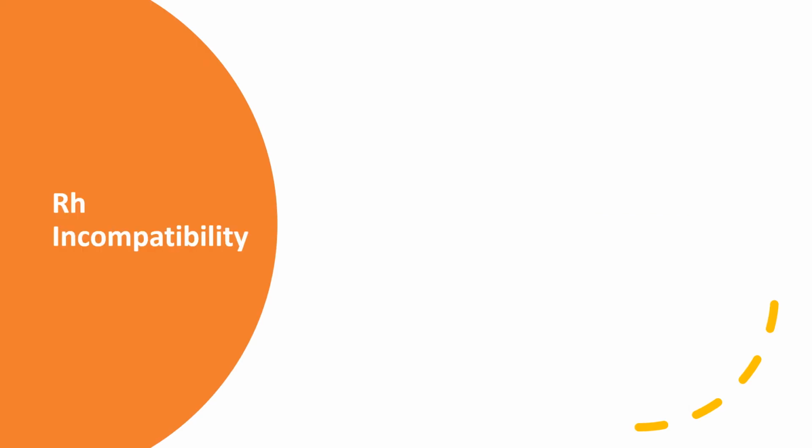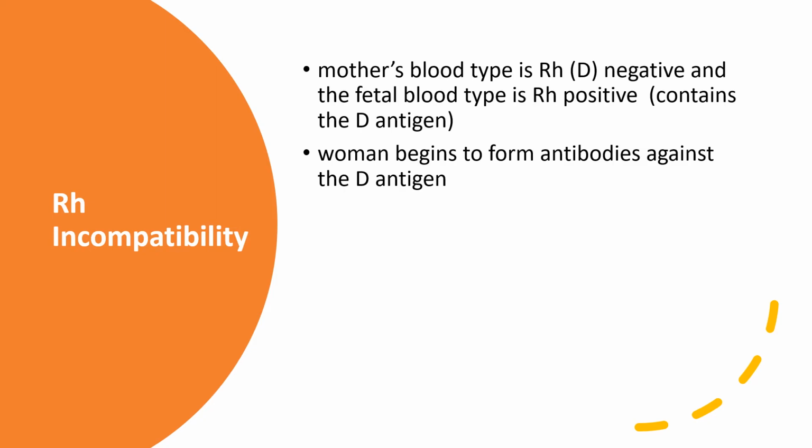So if the mother's blood type is Rh negative and the fetal blood type is Rh positive, which contains the D antigen, the introduction of fetal blood causes sensitization to occur and the woman begins to form antibodies against the D antigen.